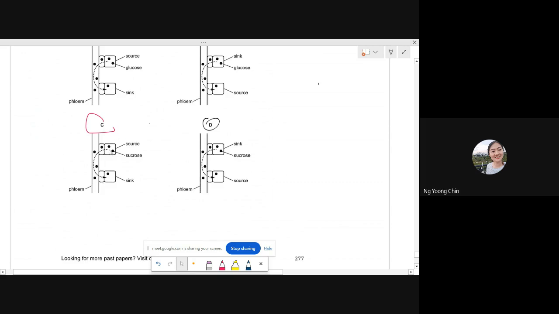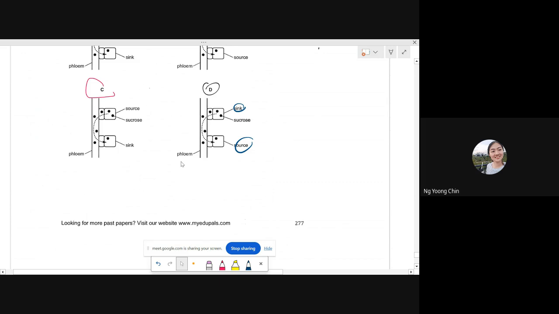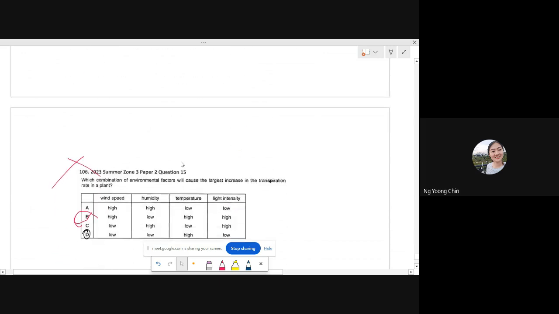From the source, it will enter into the sink. Sinks can be tubers, root cortex cells, or any kind of nutrient storage organs in the plant. It is always this way. It cannot go from the sink to the source, so this is incorrect. Always from source to sink. Source produces it, sink uses it.